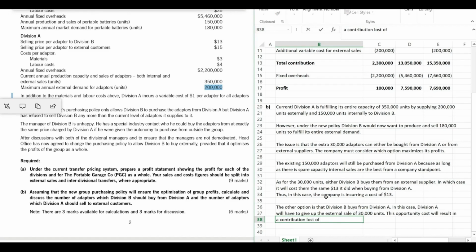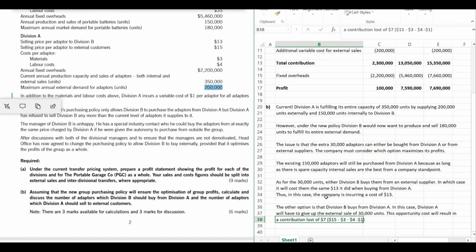They sold for $15 minus the variable costs, which include $3 for materials, $4 for labor, and the $1 extra cost. Okay, so how much does this make? We'll just put this in brackets. It's 15 minus $8, so $7, right? Okay, so this will result in an opportunity loss of $7.